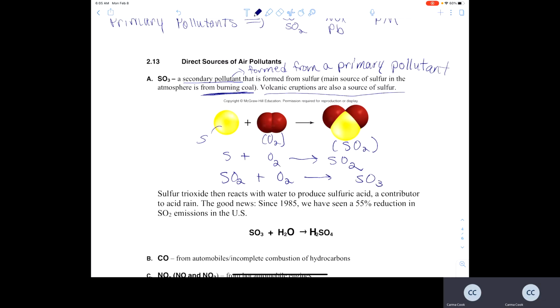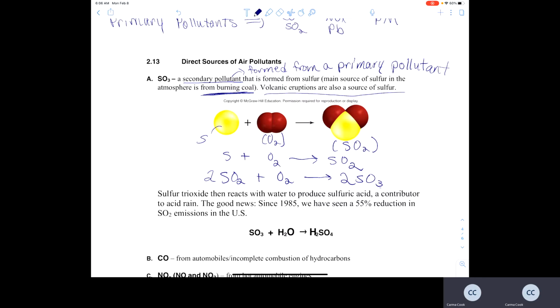And of course, we've got to make sure our reaction's balanced, and it's not. We've got 3 oxygens on the right, but we got 4 oxygens on the left. And so therefore, to balance, we'll put a 2 coefficient here, giving us a total of 6. 2 times 2, 4 plus 2, 6 oxygens on the left, and then putting a 2 coefficient here gives us 6 oxygens on the right, and our sulfurs are also balanced.